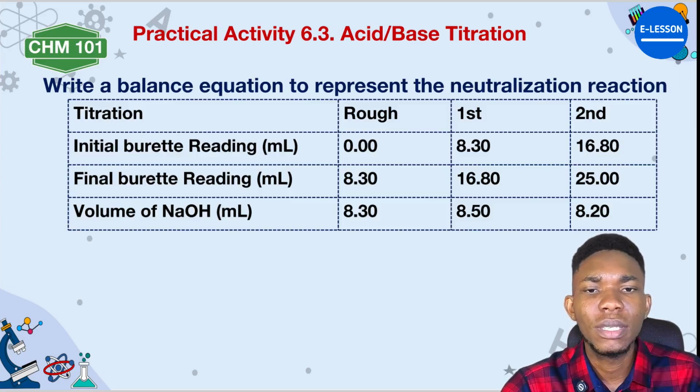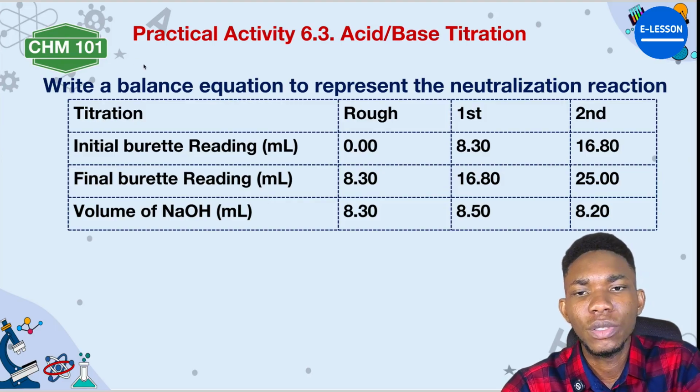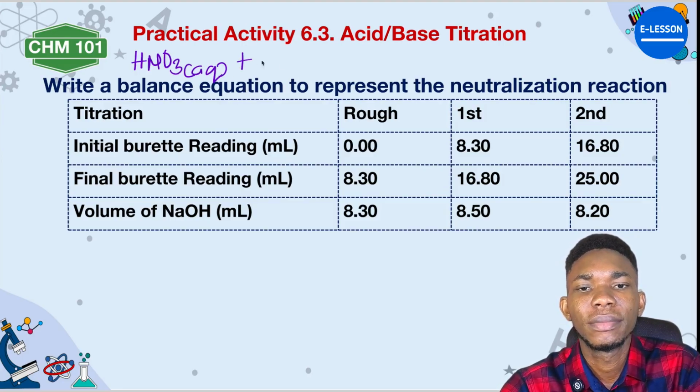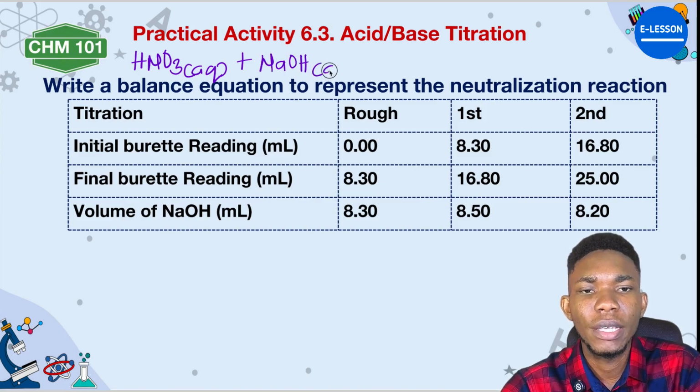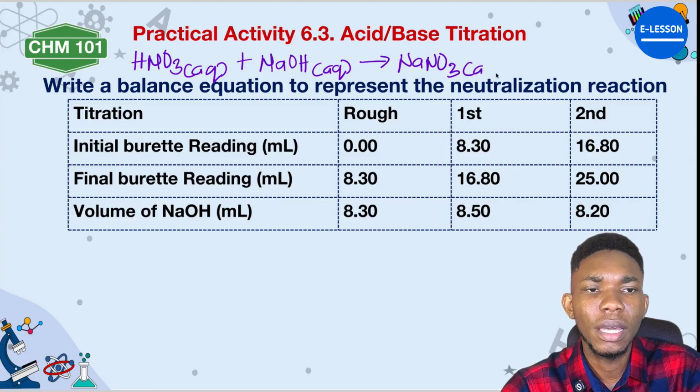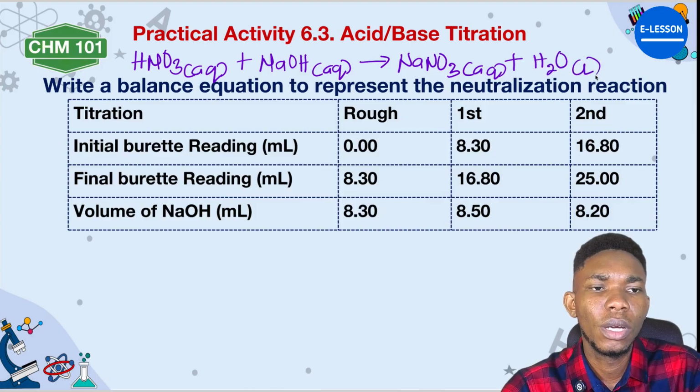Very easy. Now, the next one says, write a balanced equation to represent the neutralization. The balanced equation is between HNO3 aqueous plus sodium hydroxide aqueous, and this will give us sodium nitrate aqueous plus H2O liquid.